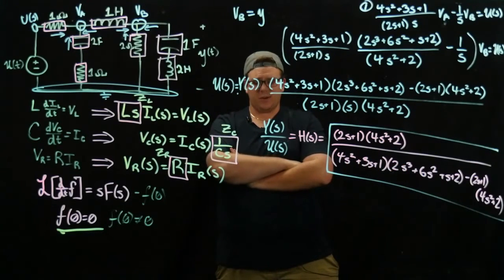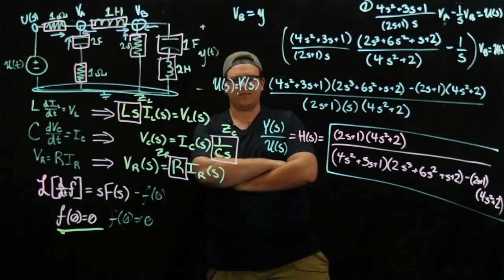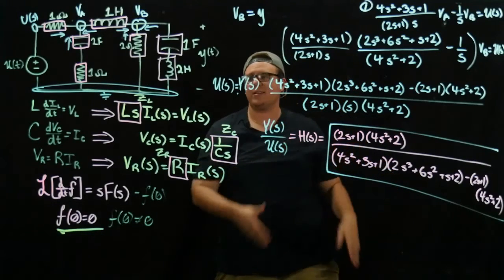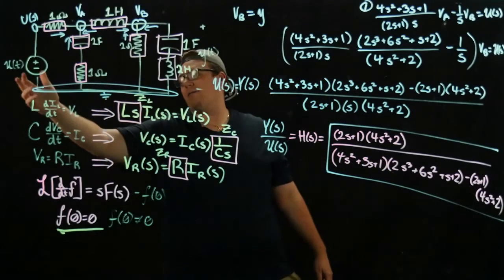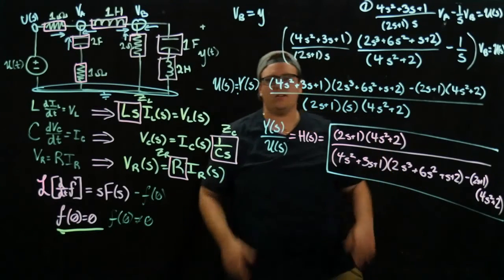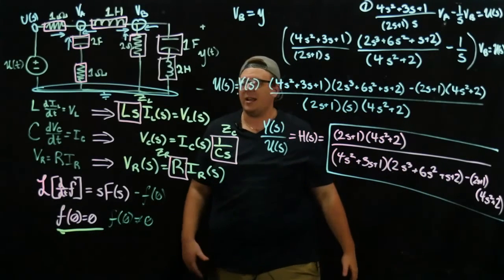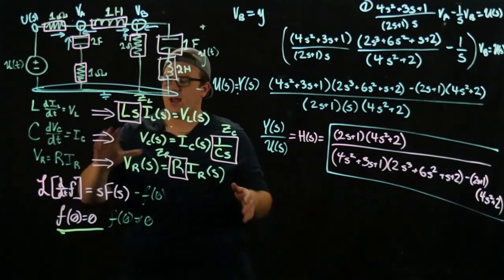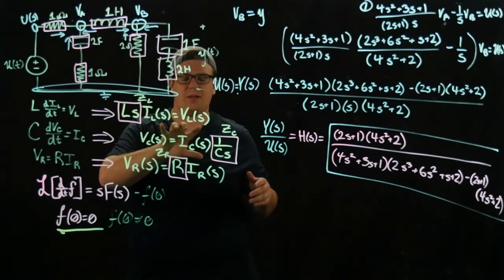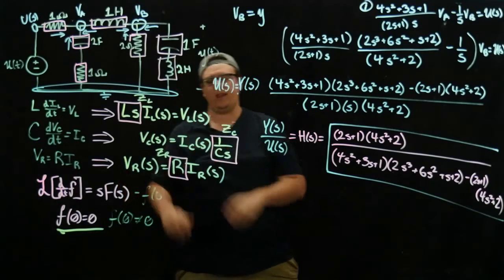It's a lot of algebra, but in the end, you end up with something that's very useful, a transfer function, which can perfectly describe how a circuit works. At this point, once you have this, you can find the output from the input without even knowing what's going on here. And it took a little bit of algebra to get there, but it is just using our basic circuit techniques and exploiting the fact that we have algebra for our current voltage relationships in the Laplace domain instead of the derivatives that are in the time domain.